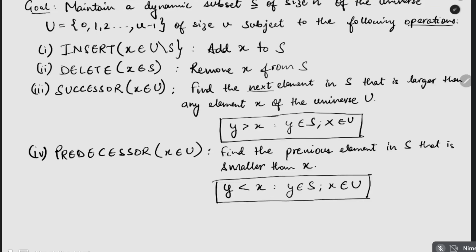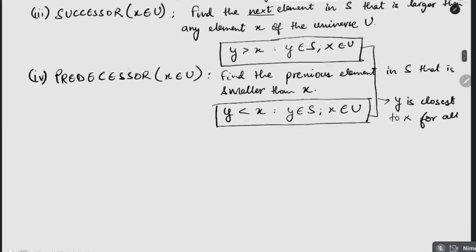And again, in both these conditions, Y naught is the closest to X for all Yi in S. So we just look for the right next element or the just previous element, so the first element that satisfies the condition and is in the set.